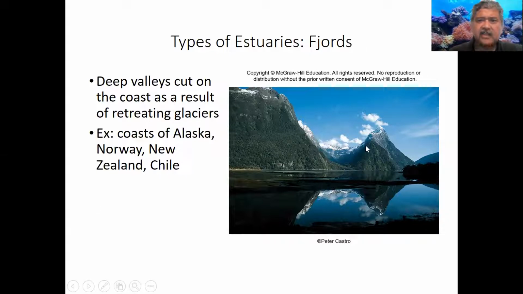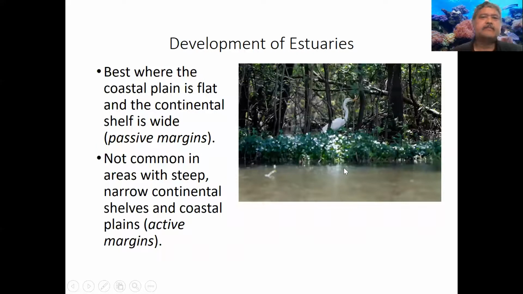And then because of the snow melt coming down, that fresh water mixes with the salt water from the ocean, and that area right there would be an estuary region.